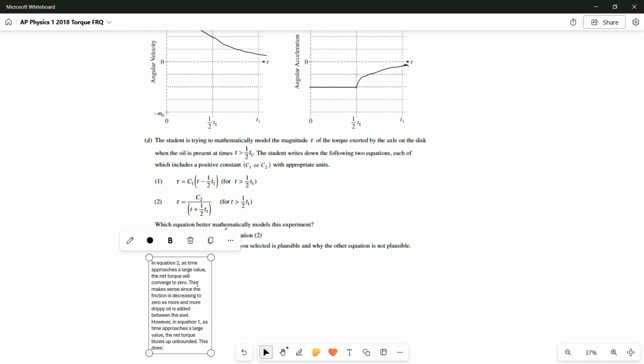This does not make any sense, as there is no reason for the torque to be infinitely strong, as even if it were, we would expect the system to have an angular velocity of 0 in the end.